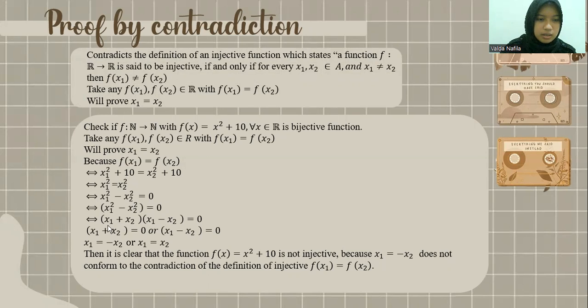We factor it: (x1 plus x2) times (x1 minus x2) equals 0. So x1 plus x2 equals 0, or x1 minus x2 equals 0. So x1 equals minus x2, or x1 equals x2. Then it is clear that the function f(x) equals x squared plus 10 is not injective, because x1 equal to minus x2 doesn't conform to the definition of injective, f(x1) equal f(x2).